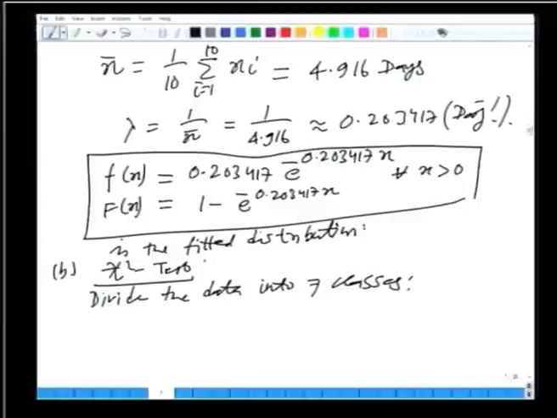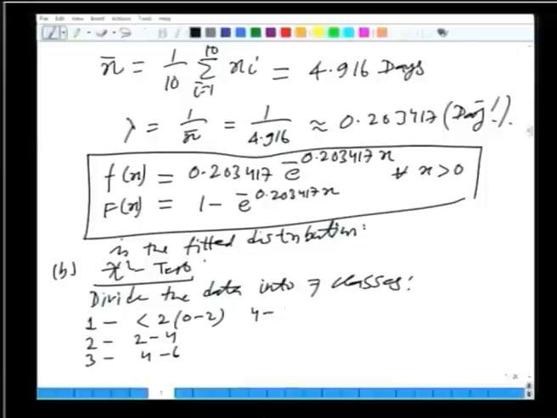And what are these 7 classes? First one is less than 2, or 0 to 2. Second one is 2 to 4. These are the inter-arrival times in days. Remember, capital X is your inter-arrival time in days. Then you have 4 to 6.